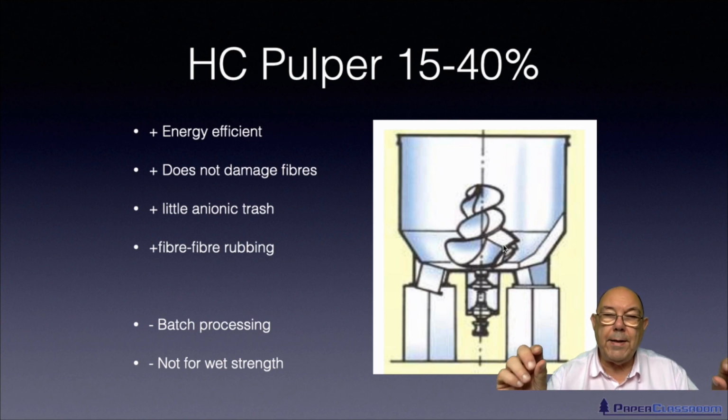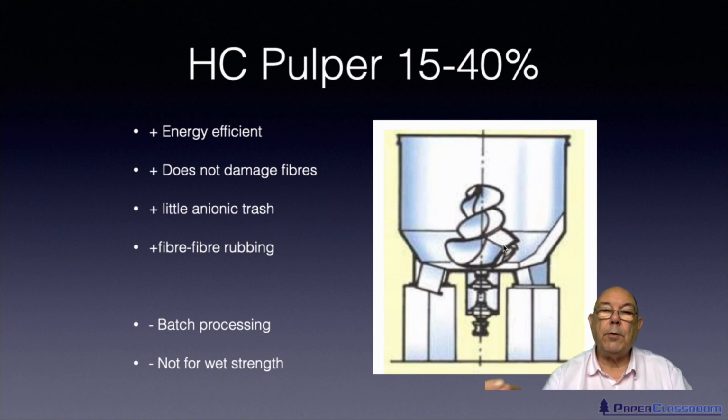You won't break the ends off the fibres as much, so you'll have less anionic trash. And one of the novel features of this, because the consistency is so high, it makes the fibres rub against each other, and in doing so they abrade each other's surface, and so you're achieving external fibre fibrillation before you get anywhere near a refiner.